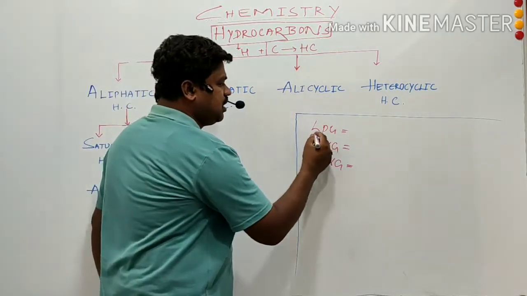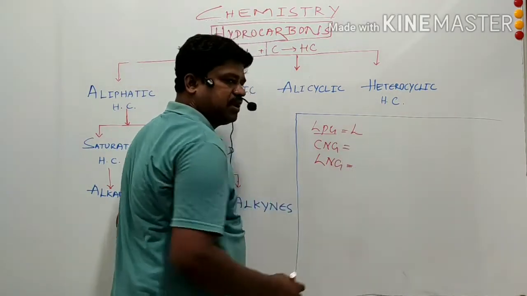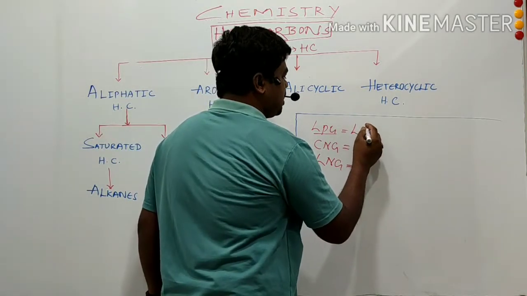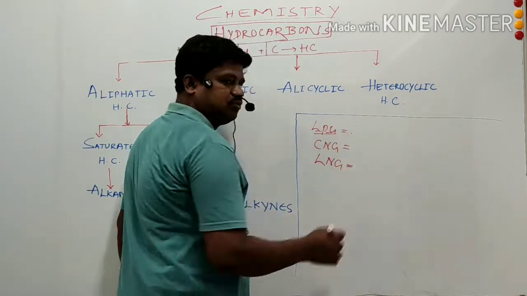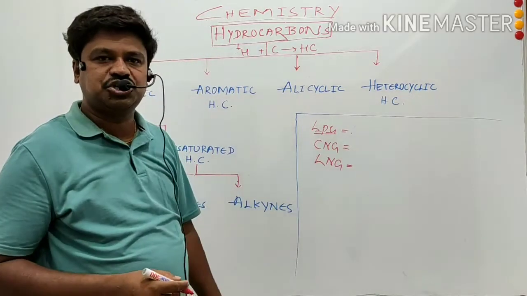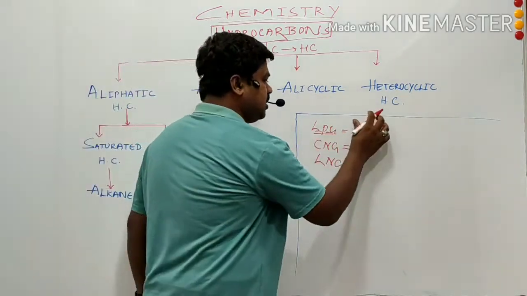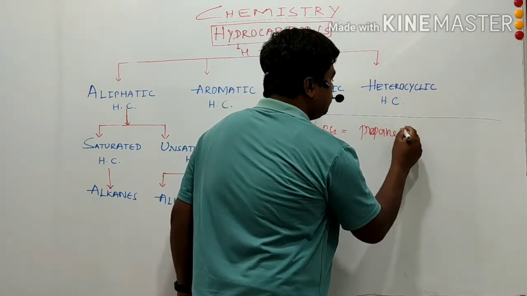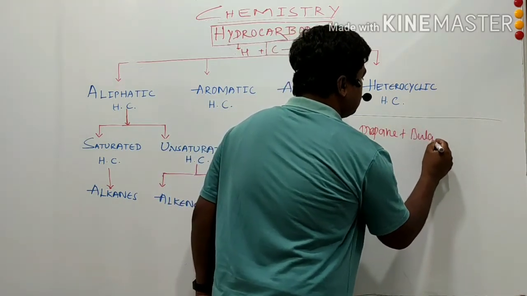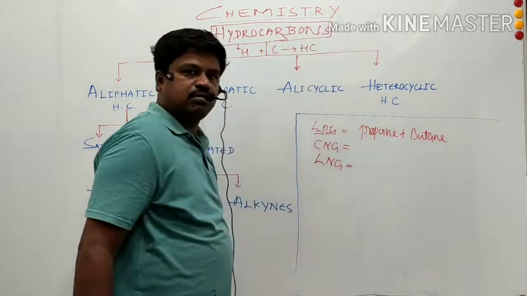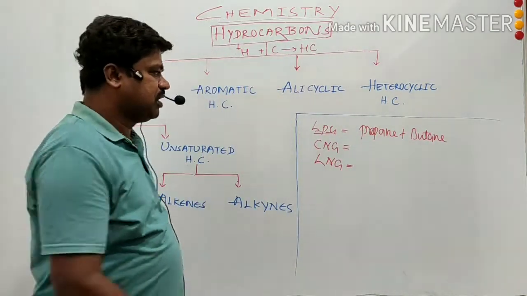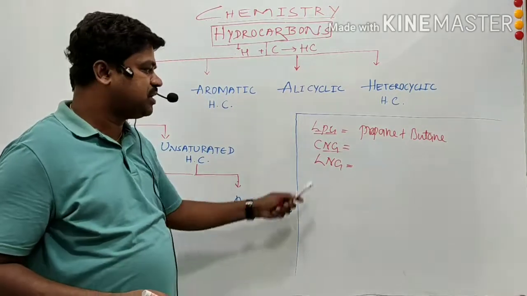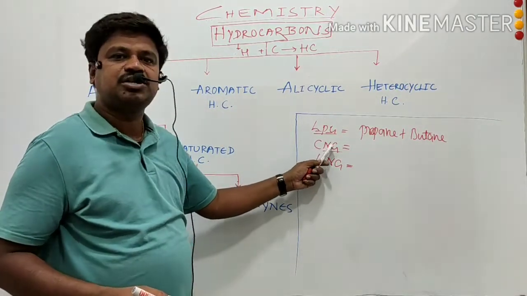For example, LPG. What is the expansion of LPG? Liquefied petroleum gas. The main composition of LPG is a mixture of propane and butane, used as a domestic fuel. Coming to CNG, expansion, compressed natural gas.